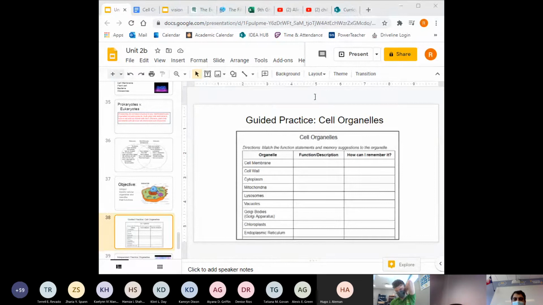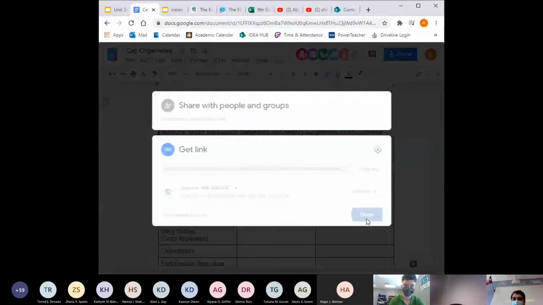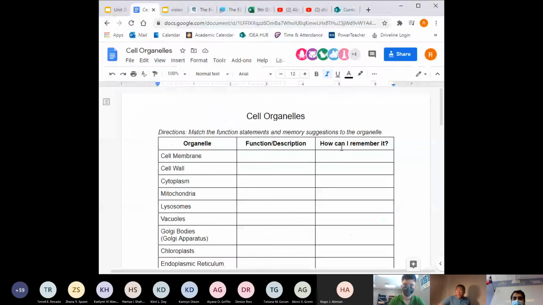So go ahead and get there, and then you can make a copy of it from that. When you get to the document, go ahead and make a copy. That way we can all work on it together.